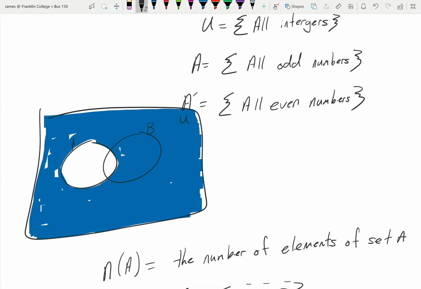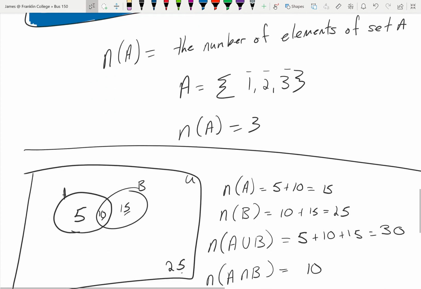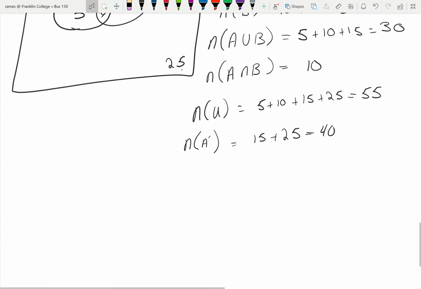Or, if you remember, A complement is all things in a universal set that are not part of A. And if we know the number of elements in the universal set, and we know the number of elements that are in A, then we know the number of elements that's not in A by subtracting the number of elements in A from the number of elements in the universal set.